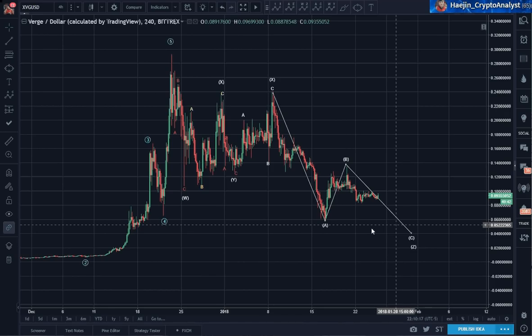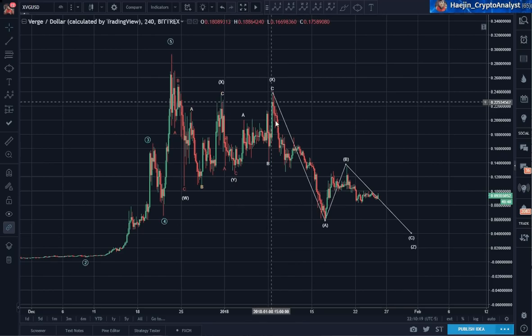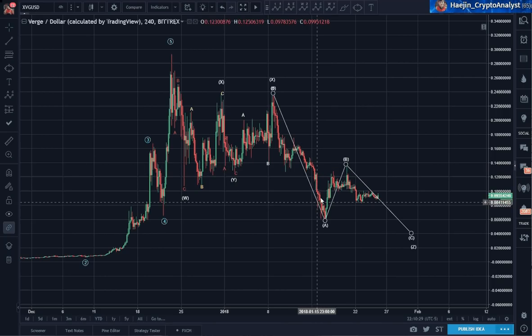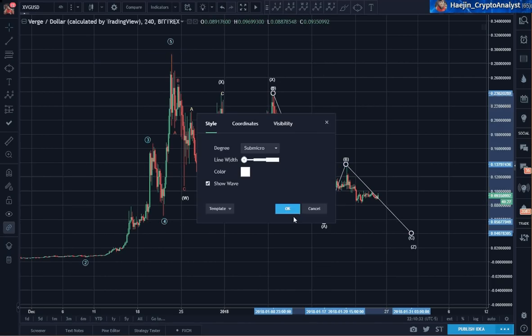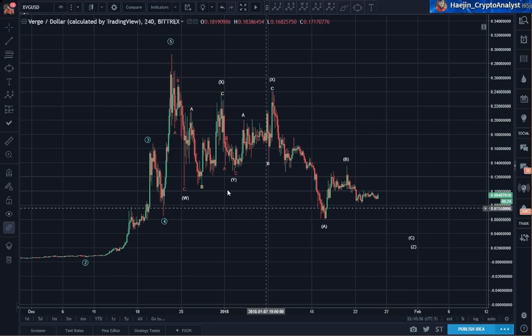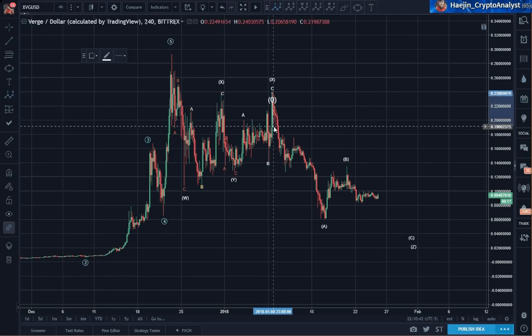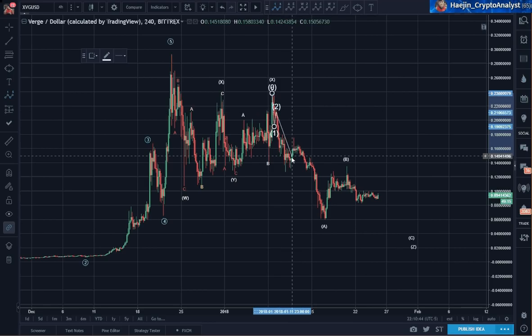And if that's the case, I have 1, 2, 3, 4, 5 for A, B, and C. 1, 2, 3, 4, 1, 2, 3, 4, 5. Now I'm going to make it a little bit messy, hurt your heads a little bit with the sublabels. So here is 1, 2, 3, 4, 5.